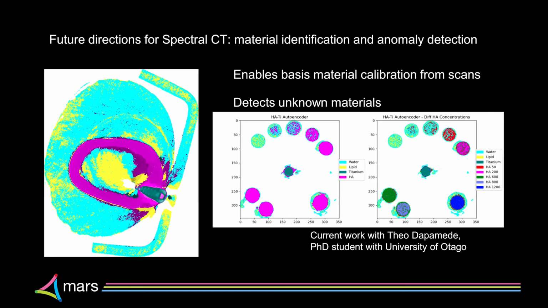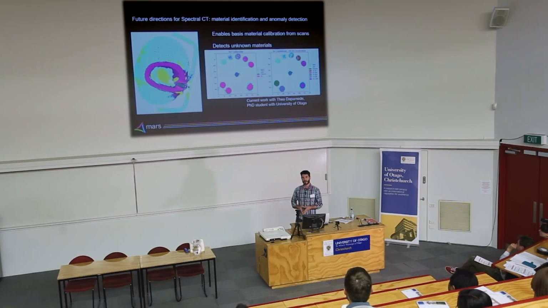All right, other future directions for the employment of these techniques. This doesn't have to do specifically with an image reconstruction pipeline, but more with the identification of materials in a particular scan without knowing ahead of time what those materials are. There's a concept of self-supervised learning: on the left you see an initial clustering of materials that were in a particular scan, and on the right you can see the results of taking an autoencoder to learn what patterns represent a certain kind of material.